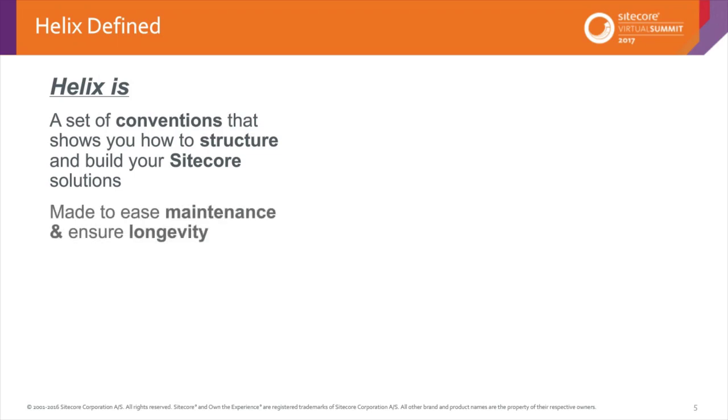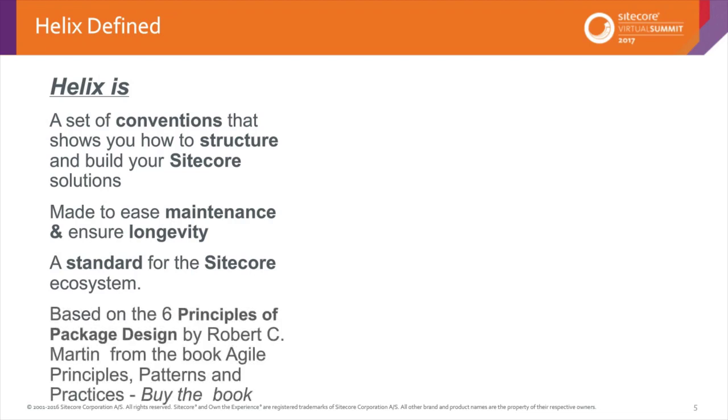They are made to ease maintenance and to ensure the longevity of the solution. You can see it as a standard for the Sitecore ecosystem, like an architecture standard. The Helix conventions are based on 6 principles of package design, which is defined by Robert C. Martin in the book Agile Principles, Patterns, and Practices.